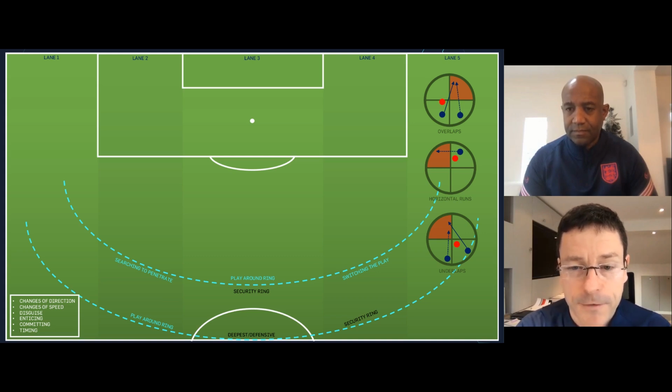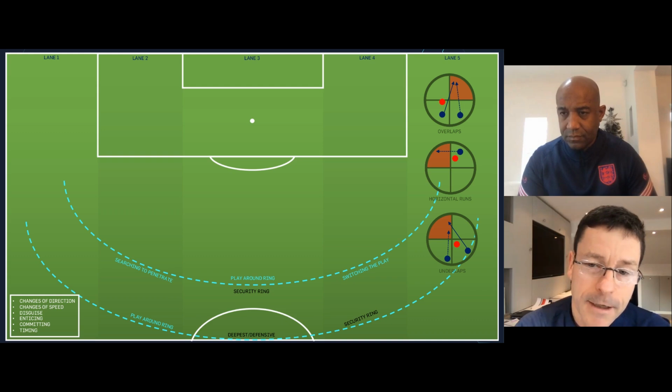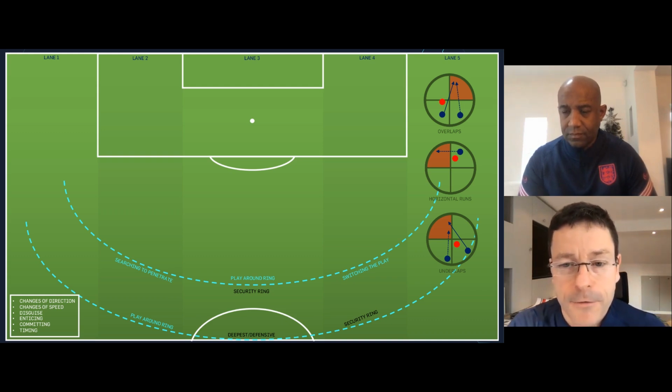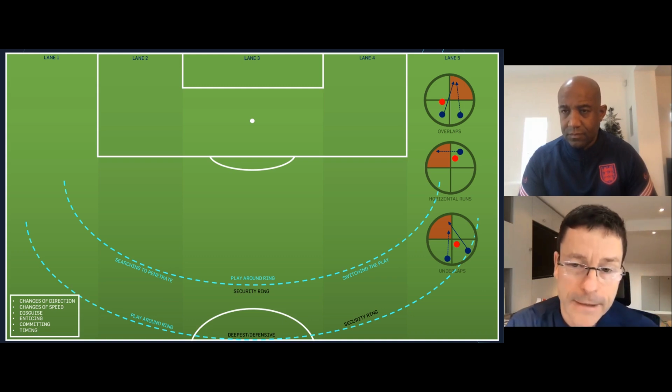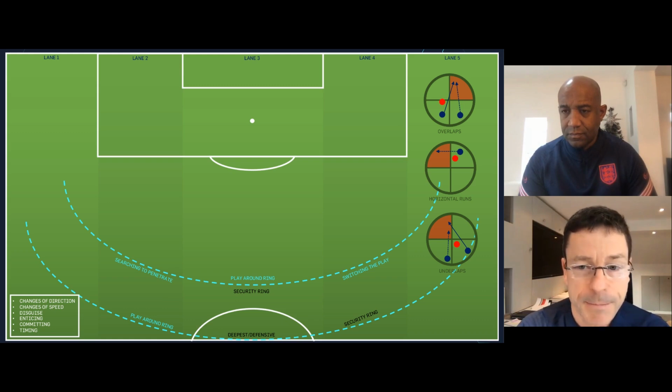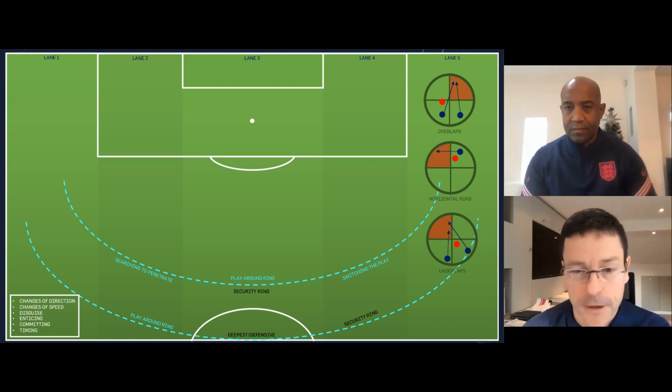Another sort of common one here on the right there is the horizontal run. So it might be a wide man who is just making a run, a blindside run inside horizontal, behind the defender, or of course the normal sort of traditional overlap where you'd make a run, commit the fullback, and then slide someone in to get the space on the outside. So those might be three types of runs that are going on.